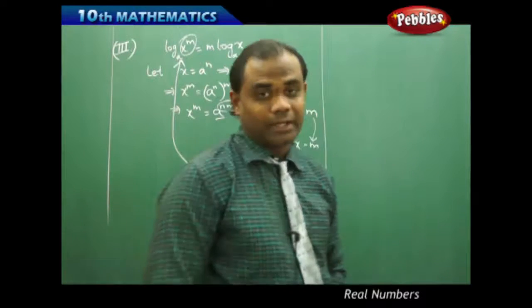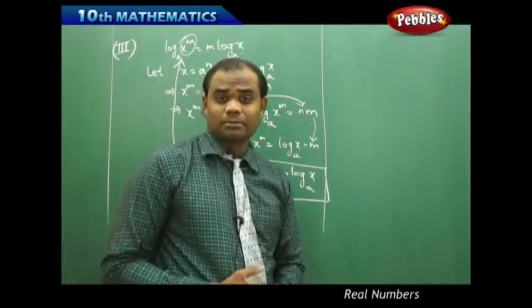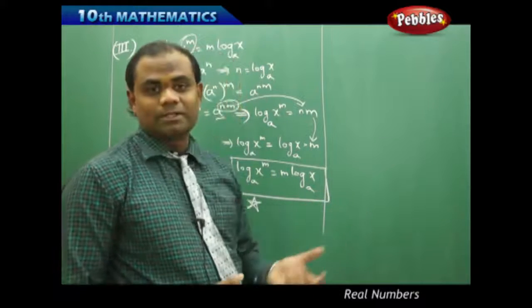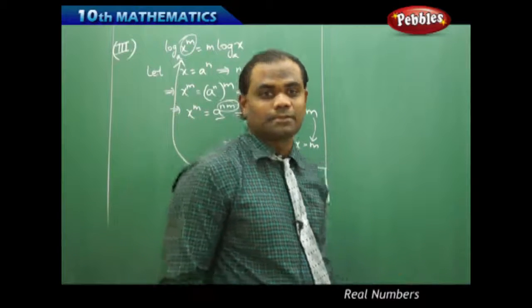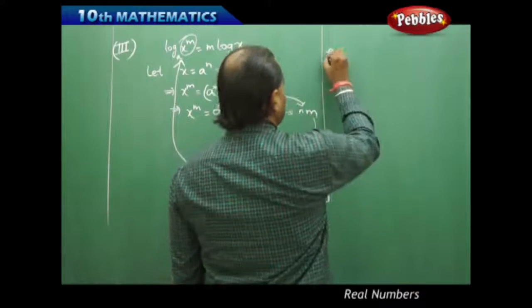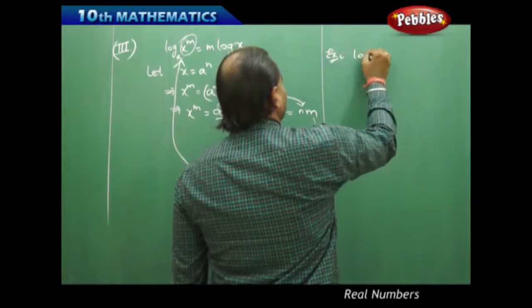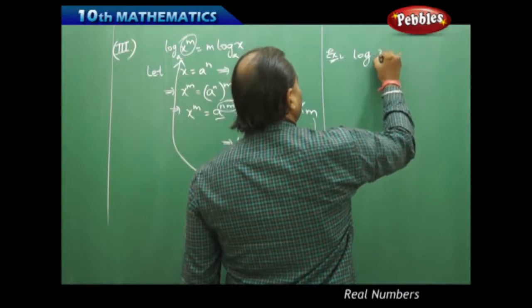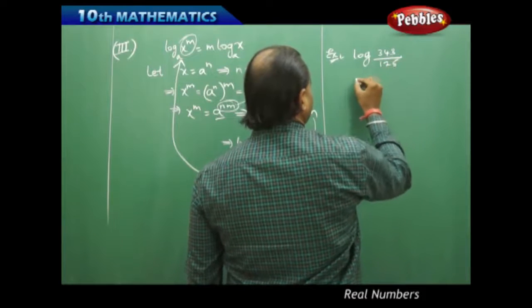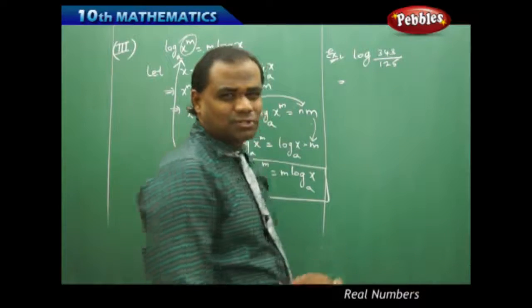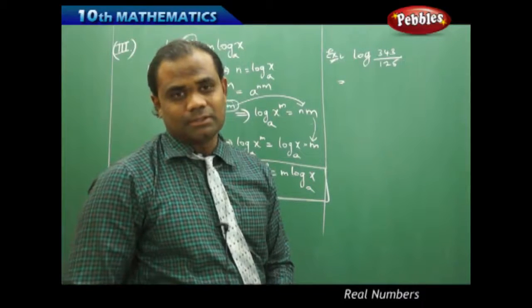Now, I wanted to solve some logarithmic problems using the different properties we have identified, especially the three laws of logarithms. So when I wanted to find, say, the log of 343 by 125, I just use some of the properties here.